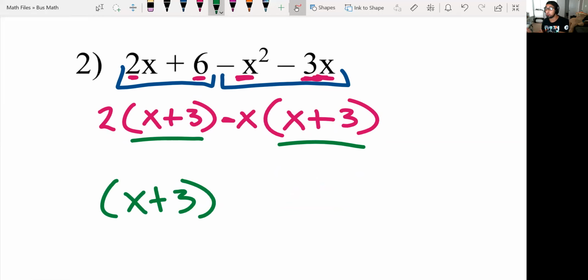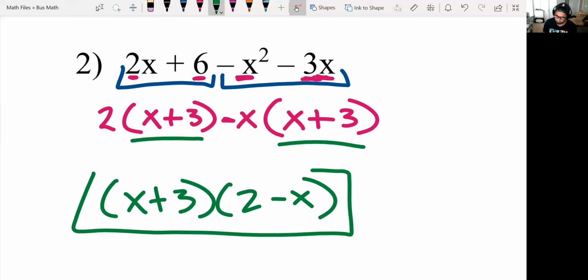You factor out that greatest common factor of x plus 3, and what is left behind? The 2 and the negative x are left behind. So you'd have 2 minus x. That's it.